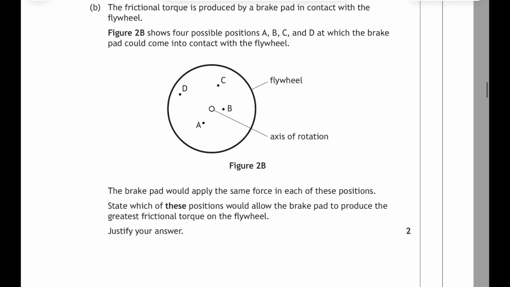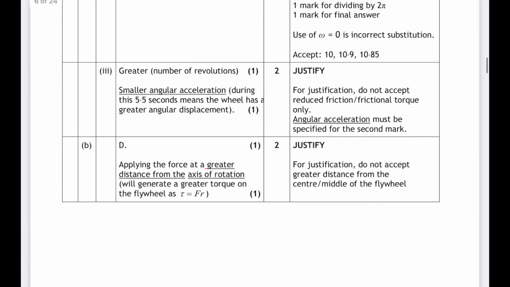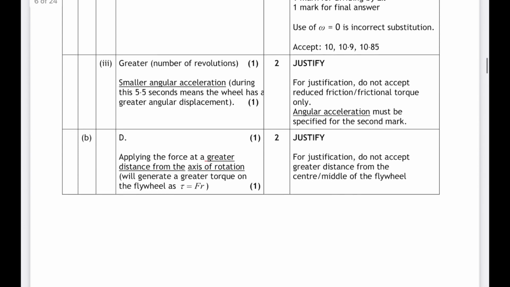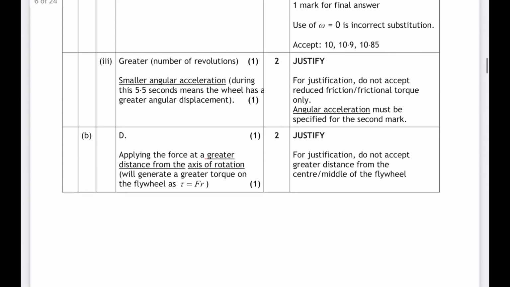Well, let's have a look at the marking instructions for part B. Then it's position D for 1 mark, and then the justification is that you're applying the force at a greater distance from the axis of rotation. And if it's underlined in the marking instructions, that's the statement that must be in your answer.